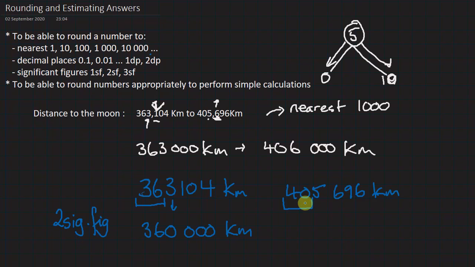That 0 is needed for my number. So the 5 says round up. I ignore the 696. Don't need to know about them at all. And I get 410,000, correct it for the size, kilometres. So these are the sorts of numbers that people use in normal life.